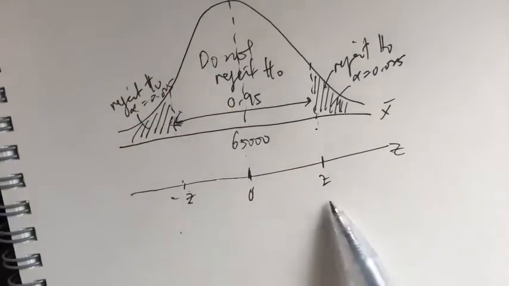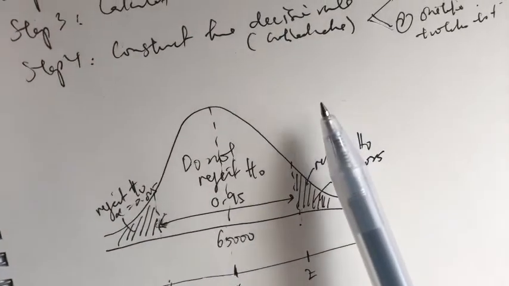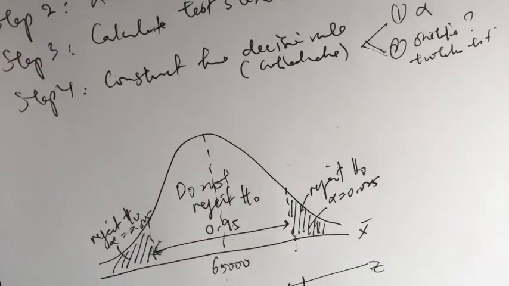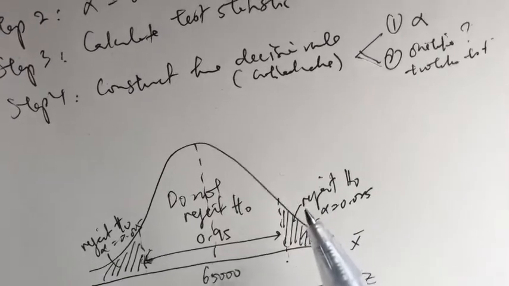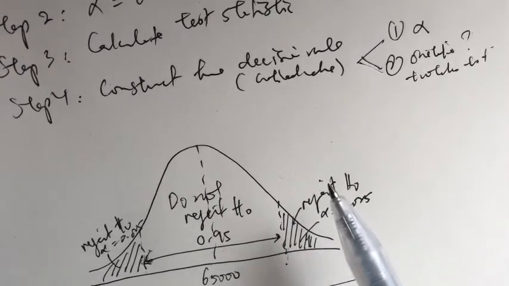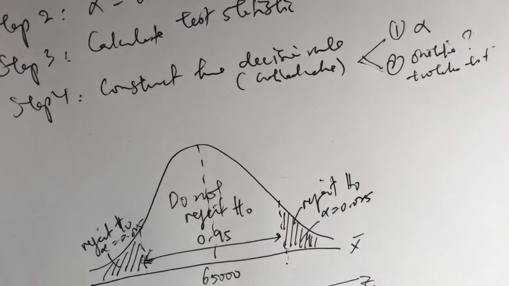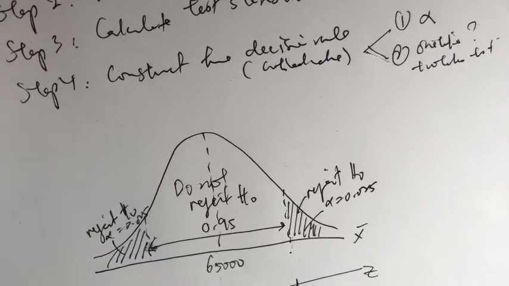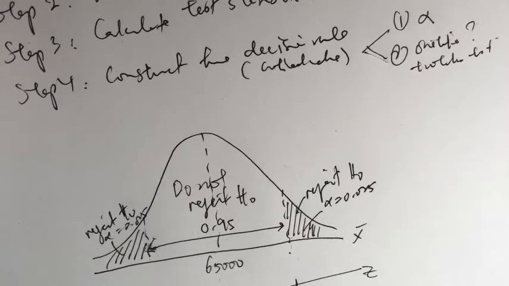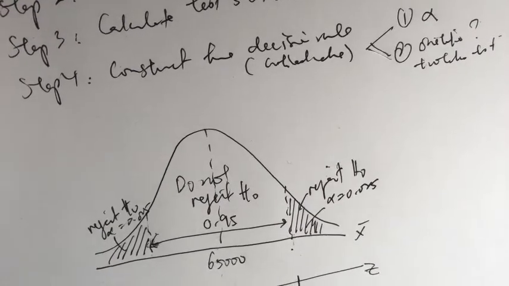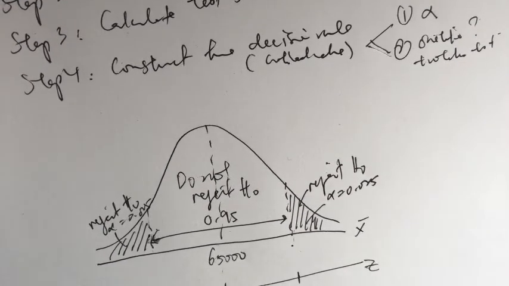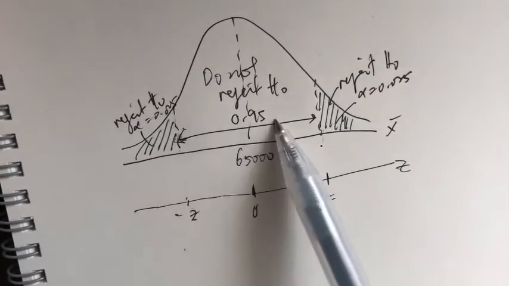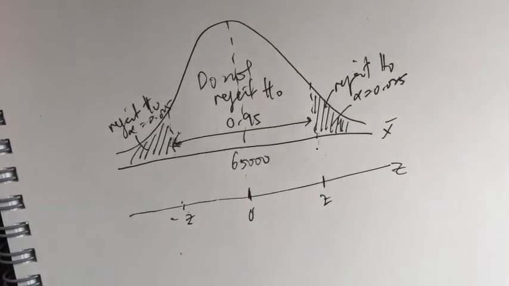So how can we find the critical value here? This can only be applied for a two-tailed test. This is actually a shortcut. We can utilize what we've learned in the confidence interval topic. Remember I told you to memorize the Z values associated with a particular confidence level? If the confidence level is 95%, remember the corresponding Z values?